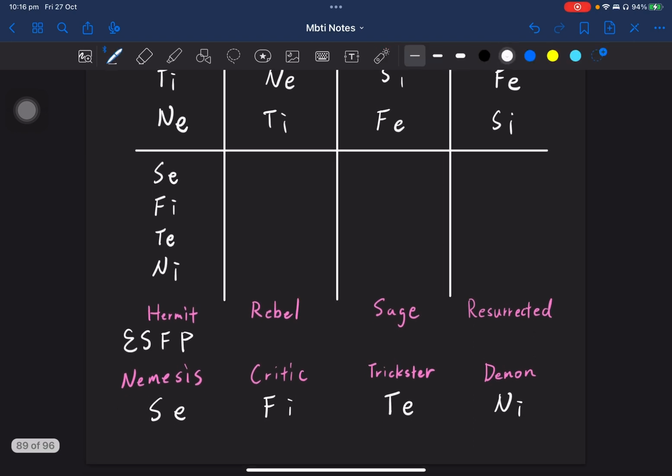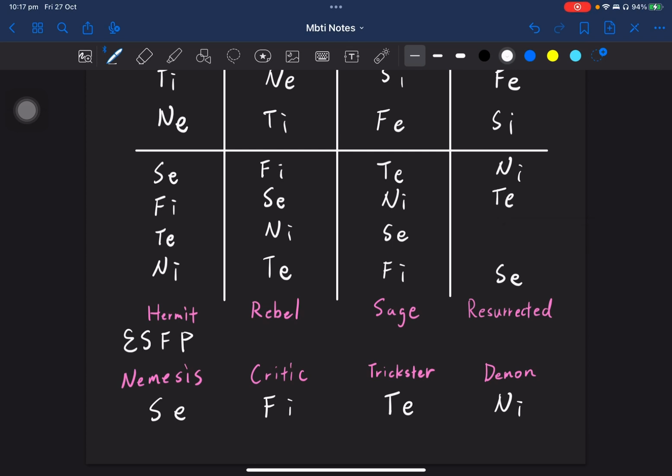And this one, so FI, TE, and NI. Double check reverse order. Yes, reverse order. Correct.